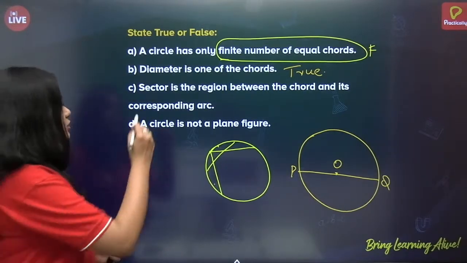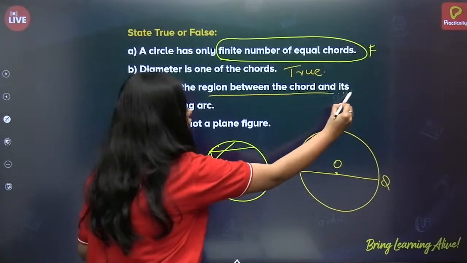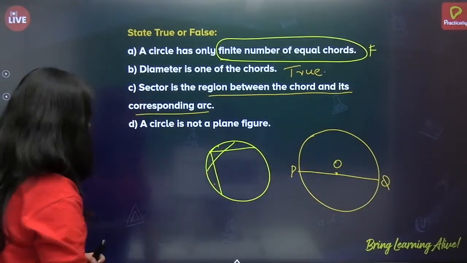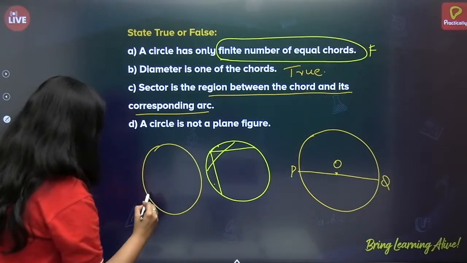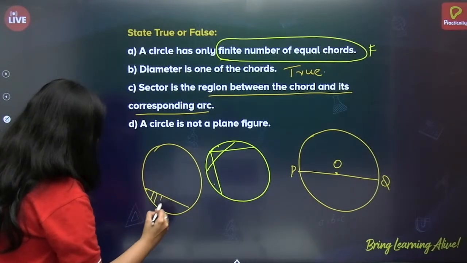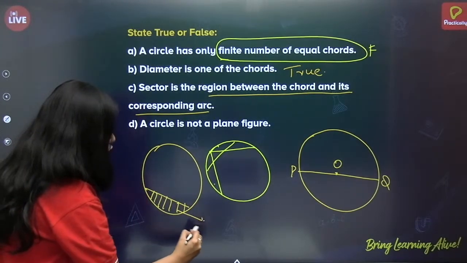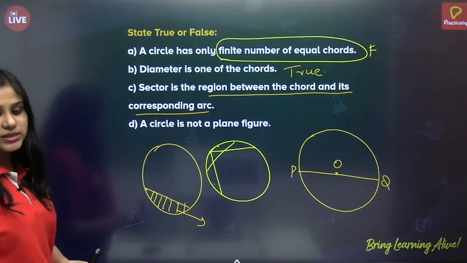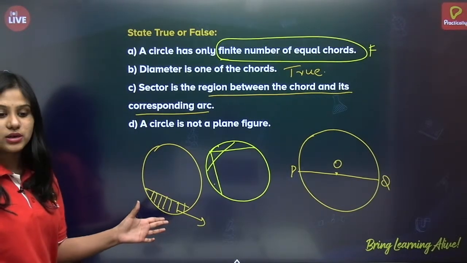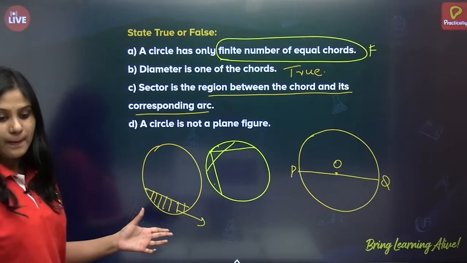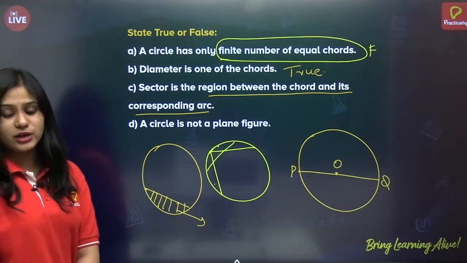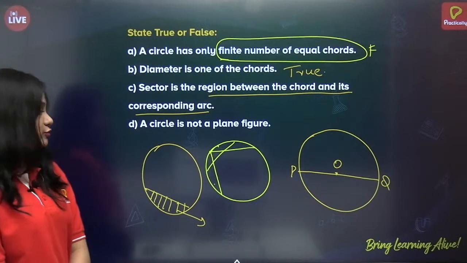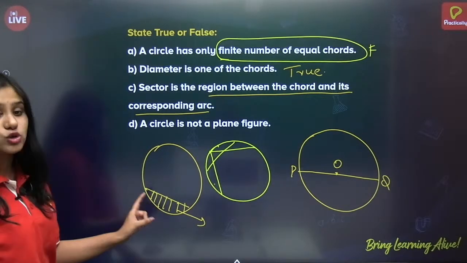Okay. So, region between the chord and its corresponding arc. Okay, let me draw a chord and this is the area, correct? What do we call this area? Is it segment or sector? Come on, answer it. We have just studied in our previous slide, correct? You have to remember, is this segment or sector?